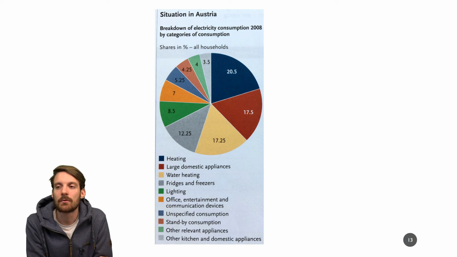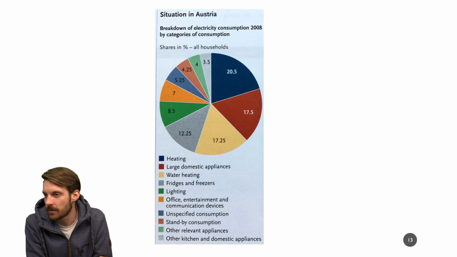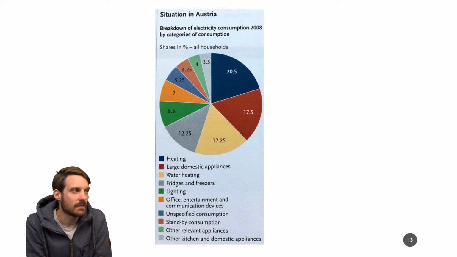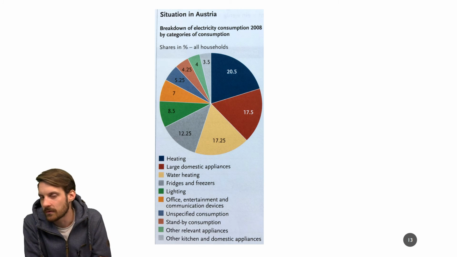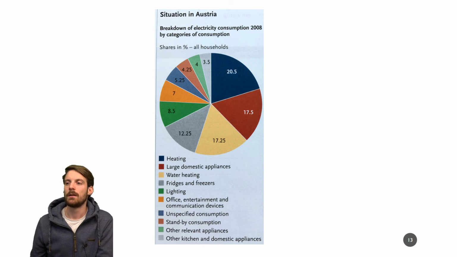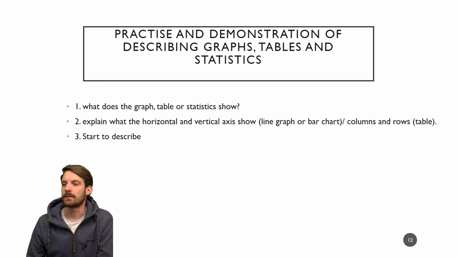The individual slices of this pie chart illustrate the shares in percentage of all households. So, first step done: what does the graph, table, or statistic show?